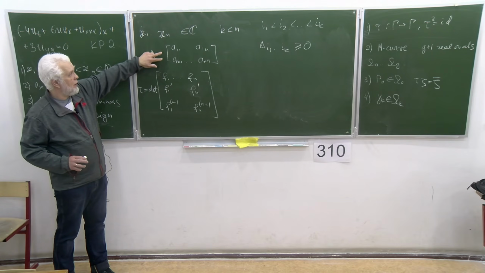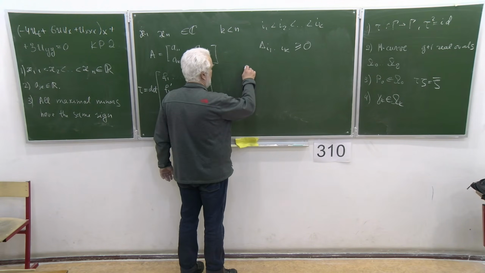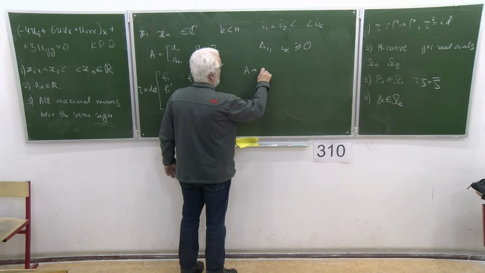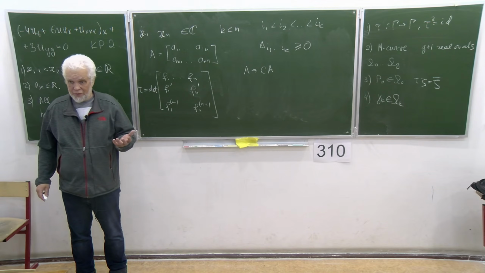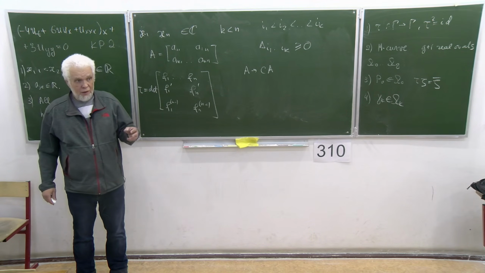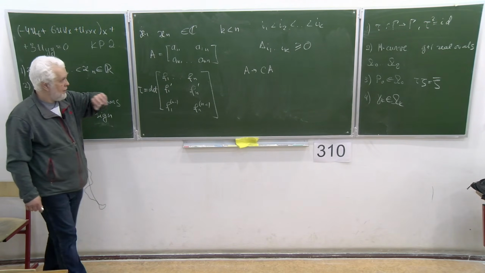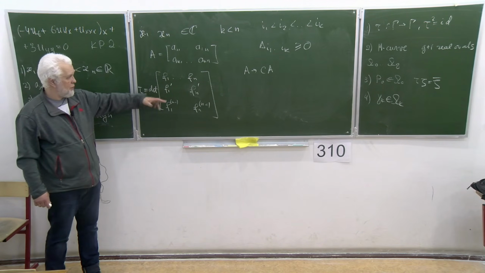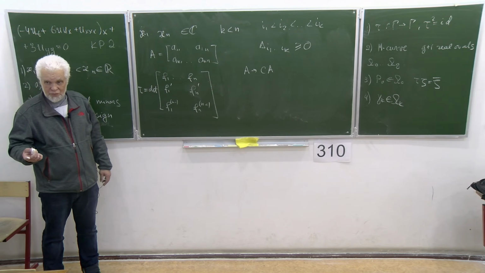So we also make a very simple remark. Assume that we multiply A by some non-degenerate matrix. A goes to CA, where C is a real non-degenerate matrix. We see that this determinant will be multiplied by a constant. So the logarithmic derivative doesn't change.